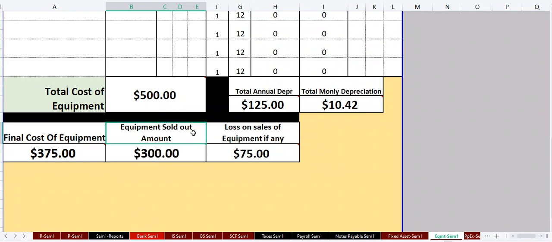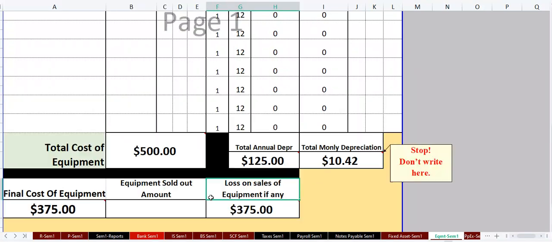So when you give it for 300, what will happen is a loss on sales of equipment, if any. So this becomes your loss, $75. That's why you put it there if you sold it out. We assume that we didn't do that, but just to make that clear to you.